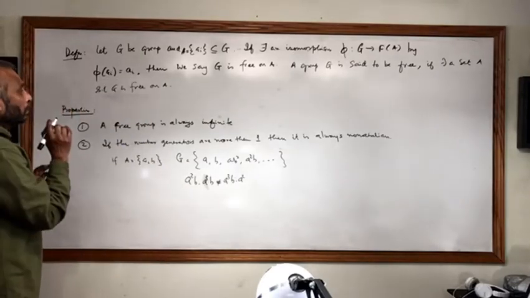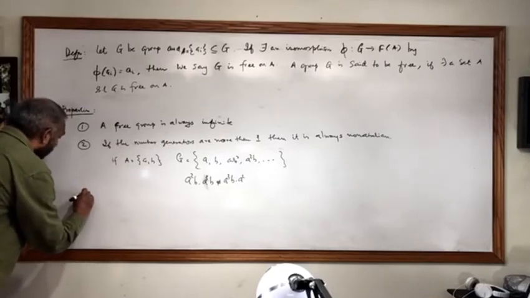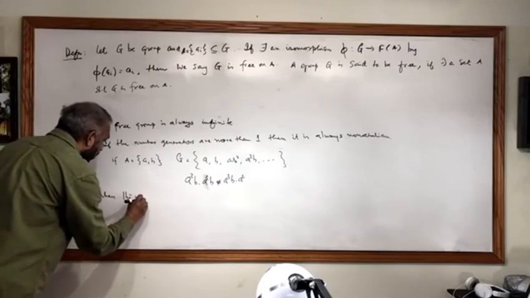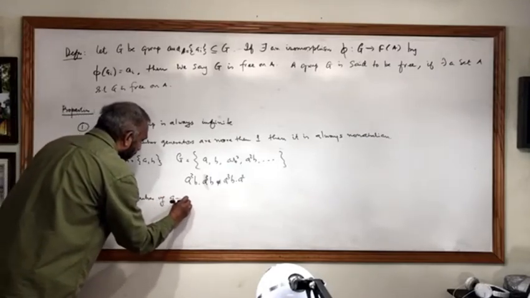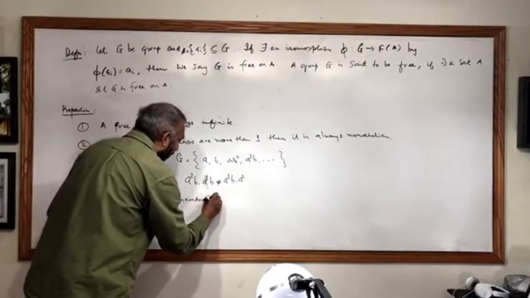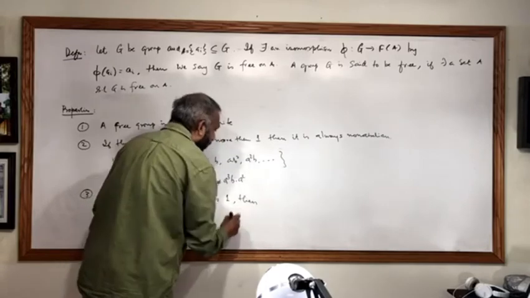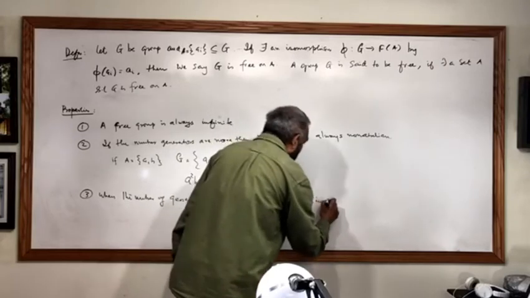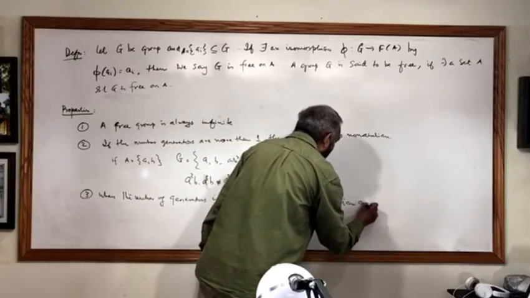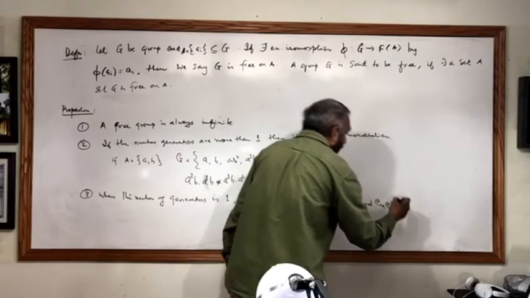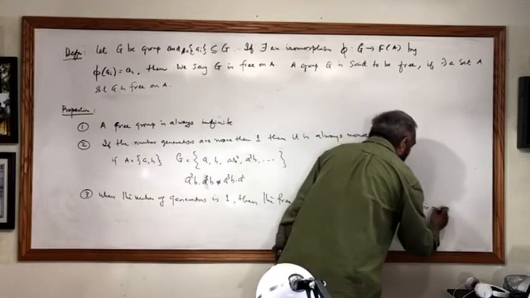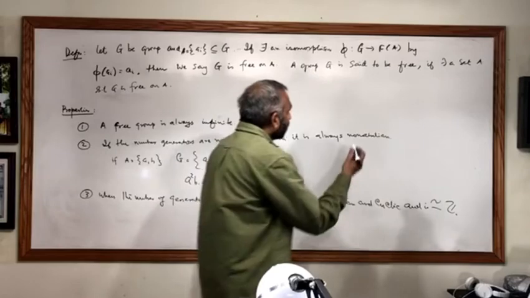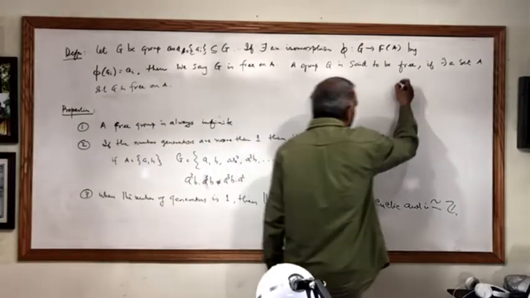So if it is more than 1, it is non-abelian. But when the number of generators is 1, then the free group is abelian and cyclic and is isomorphic to Z, because it has got only one generator.